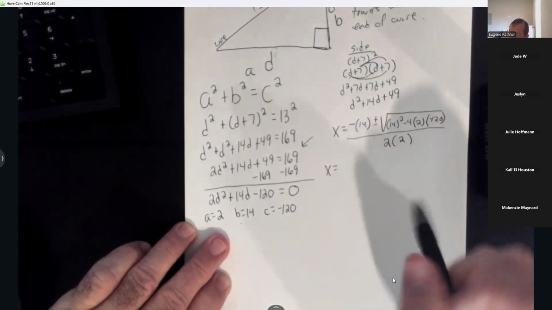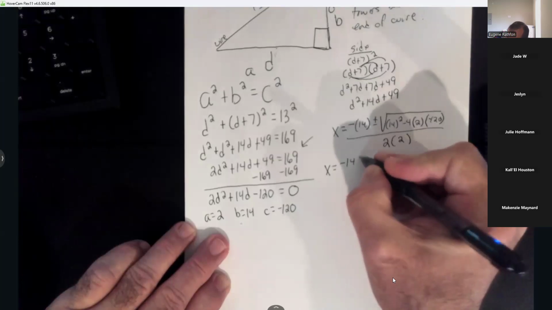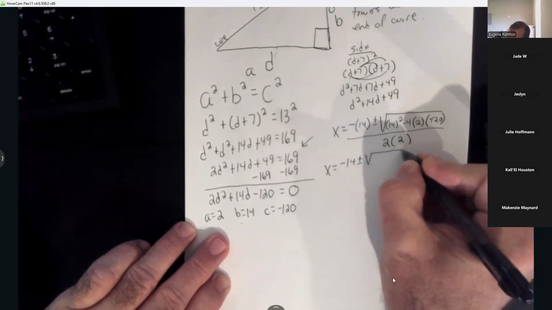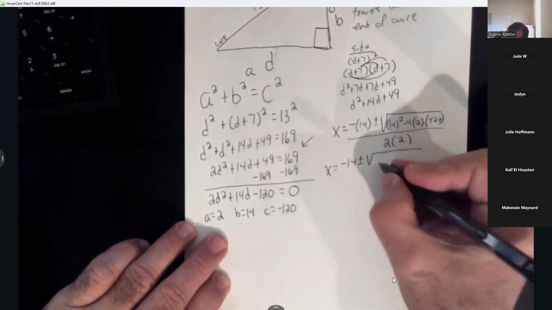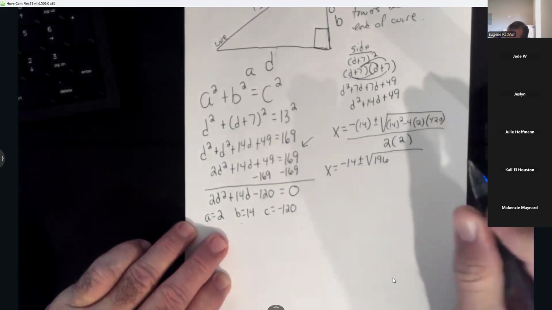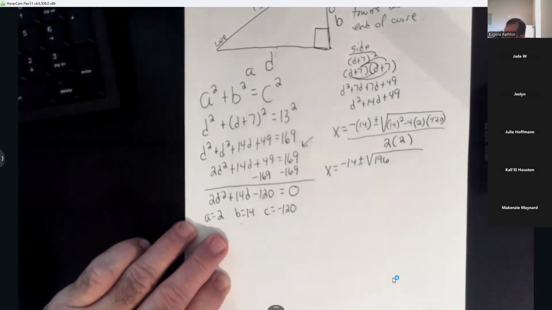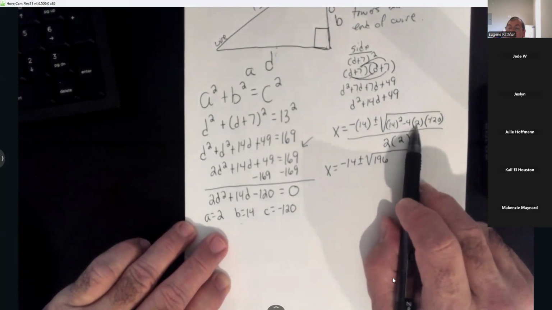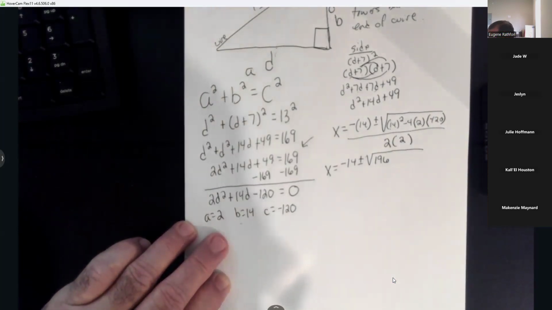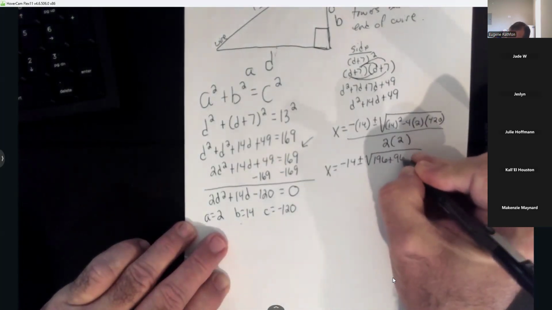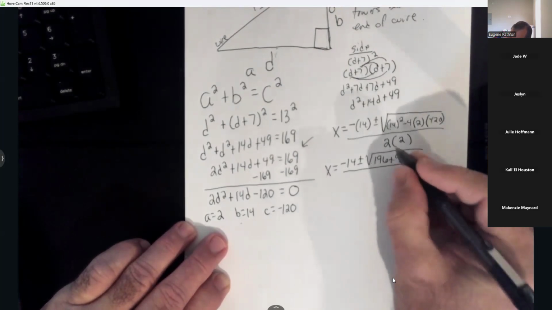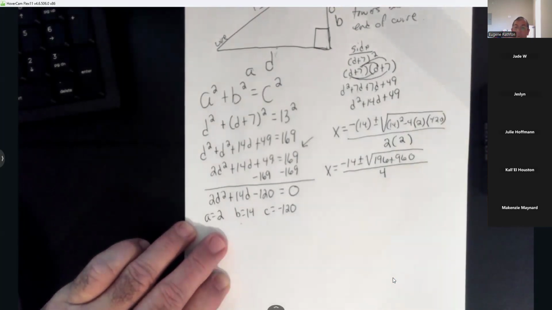So that's going to make this a negative 14 plus or minus square root. 14 times 14 is 196. And y'all, let's multiply this. Negative 4 times 2 is negative 8. And then you got negative 8 times a negative 120 gives us 960 all over 2 times 2, which is 4.